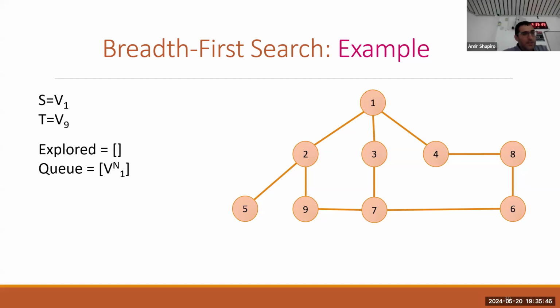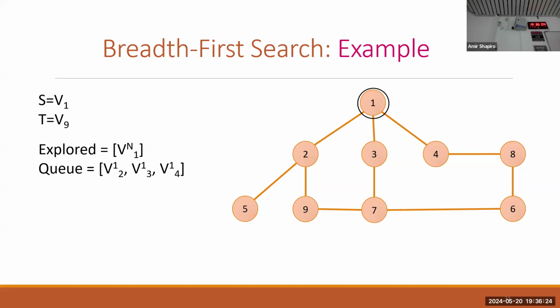We first look at 1 and look at all its neighbors, which are 2, 3, and 4, and put them into the queue and put 1 into explored. In the first step, we put 1 into explored and then put 2, 3, and 4 with their parent 1, the back pointer 1, into the queue.